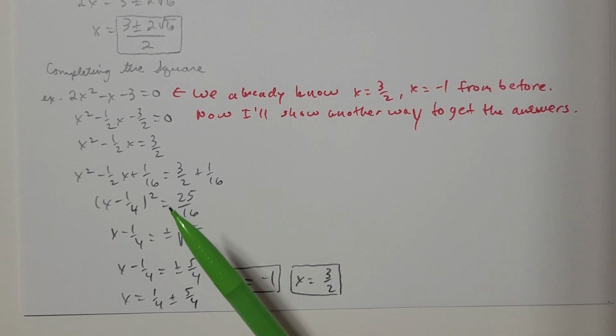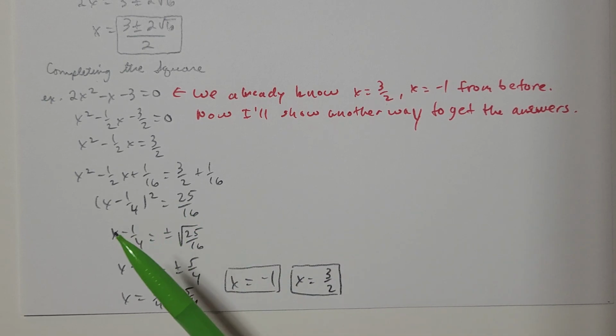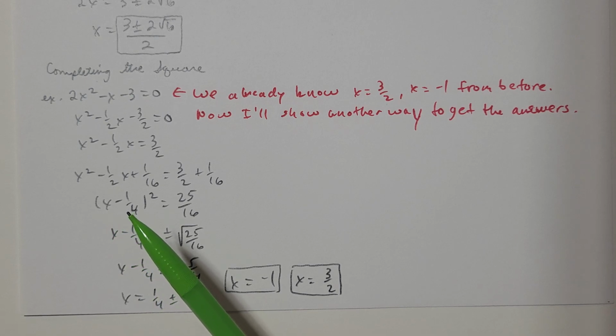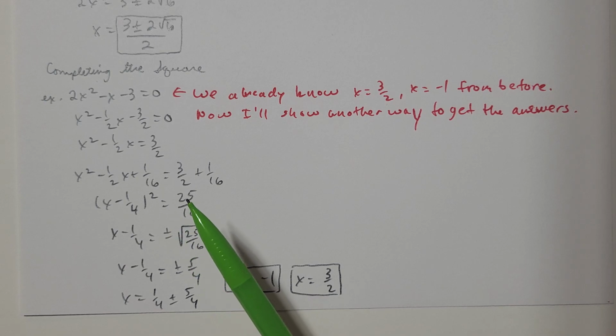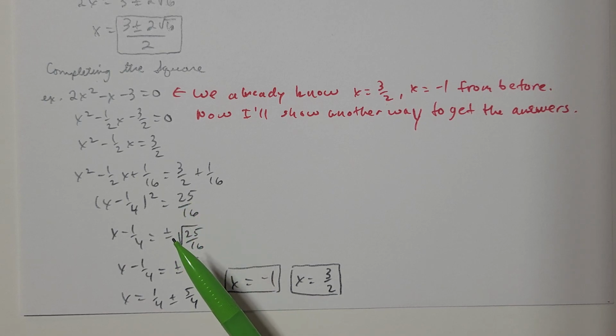So I'm going to take the square root of both sides. And the square root of x minus 1/4 squared would be x minus 1/4 equals plus or minus, don't forget about that, the square root of 25/16. The square root of 25/16, that's the same thing as 5/4. Okay, so x minus 1/4 equals plus or minus 5/4.